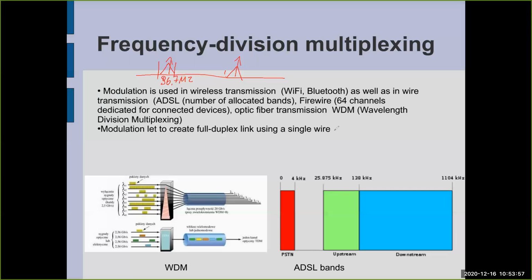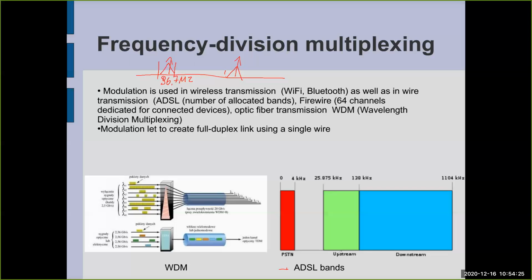When ADSL technology was introduced, nothing was changed. So still there was the same telephone line. But in fact, the telephone line utilized only 4 kilohertz of the frequency to send voice.